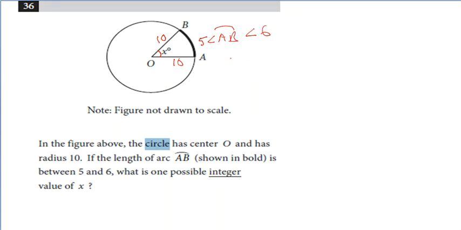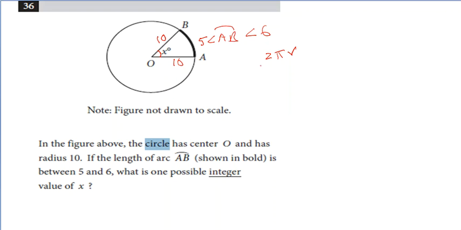So how do we solve this? What's the length of this arc AB? For the whole circle, the circumference is 2 pi r, right?